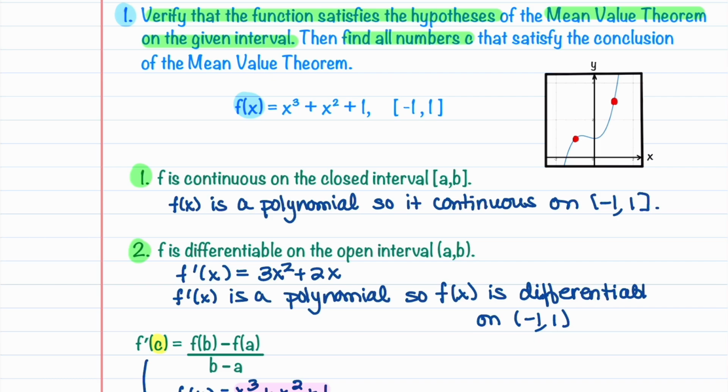And the mean value theorem tells us that the average rate of change, that's represented by the slope of the secant line, is equal at some point to the instantaneous rate of change. We found the point 1/3, and that's about right here. And you can see that the slope of the tangent line at that point is the same as the slope of the secant line. So the number c that we got is definitely correct.